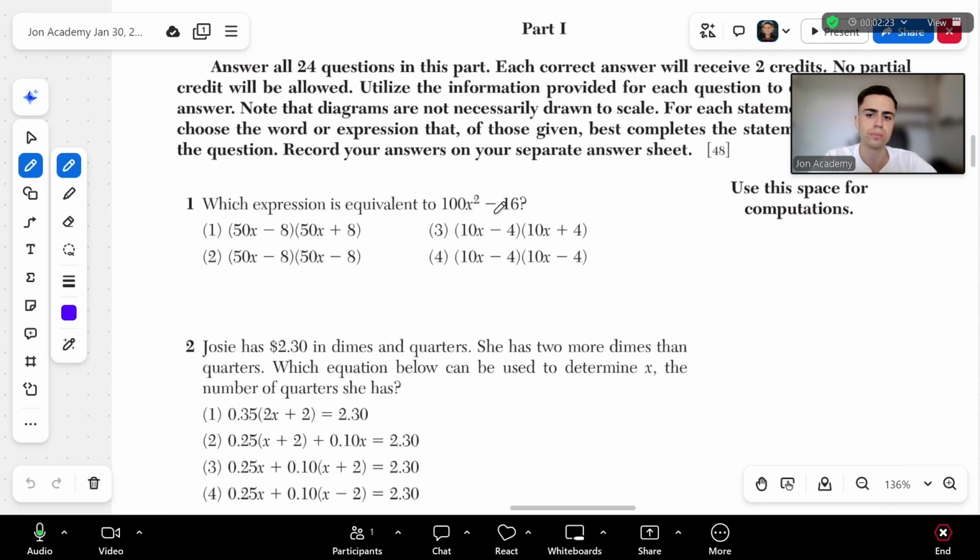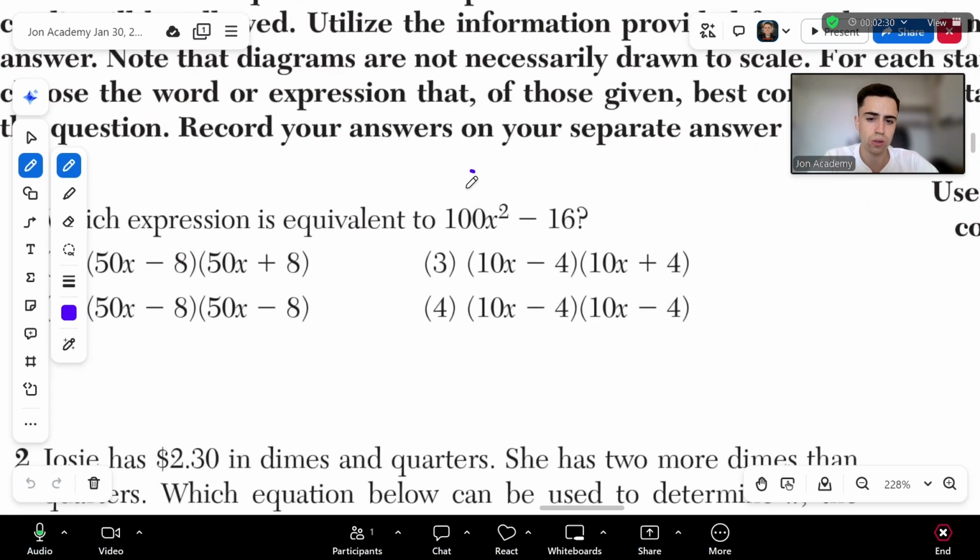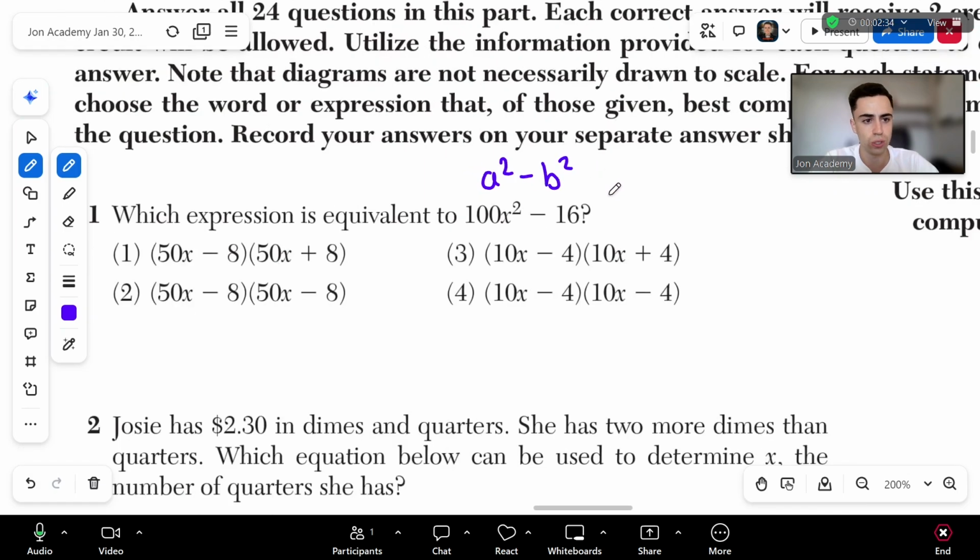They ask which expression is equivalent to this other one. First thing you have to notice is this is of the form a squared minus b squared, the third Newton binomial formula. Therefore, if a squared is 100x squared, the square root of 100x squared is 10x. So a is 10x. We can already discard 1 and 2.